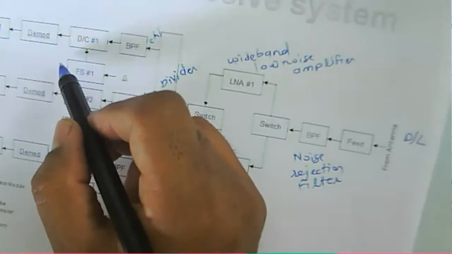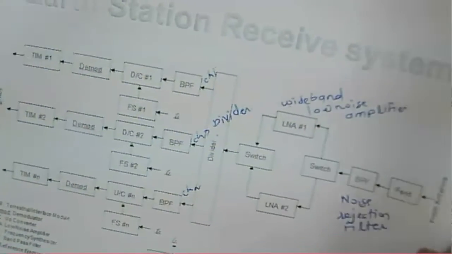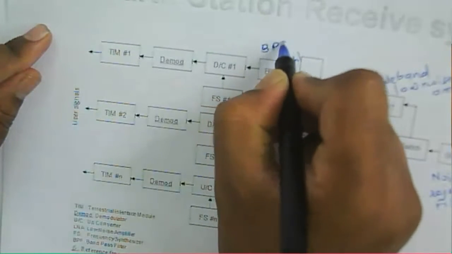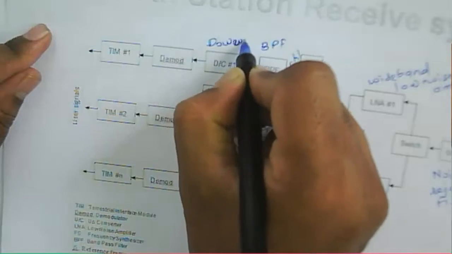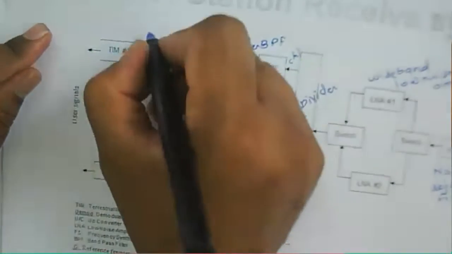And then the signals are down converted here. This one is a band pass filter block. This is a down converter.